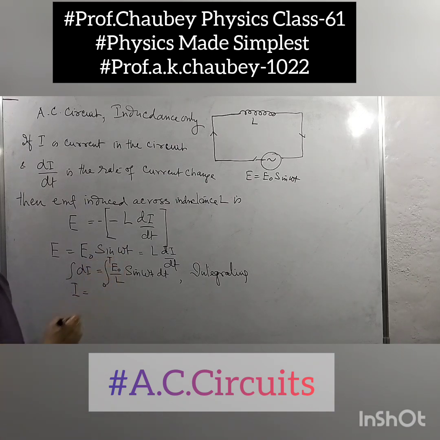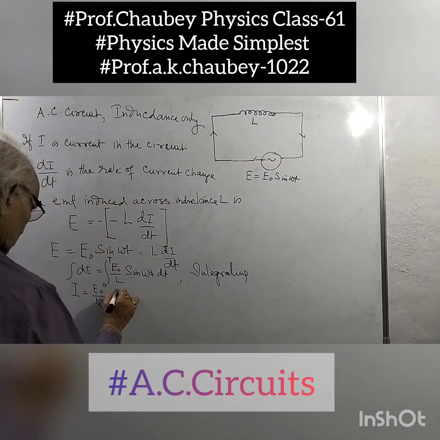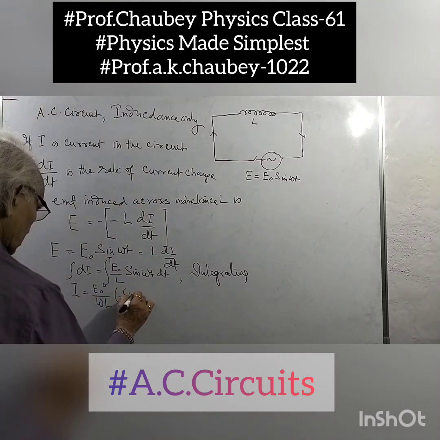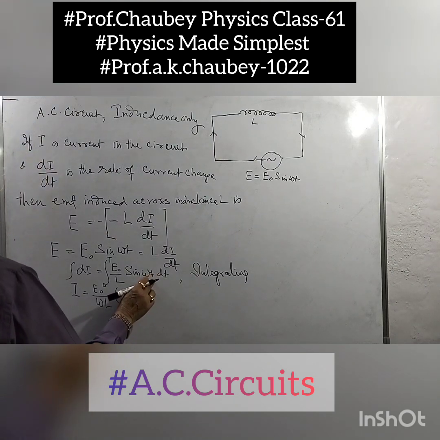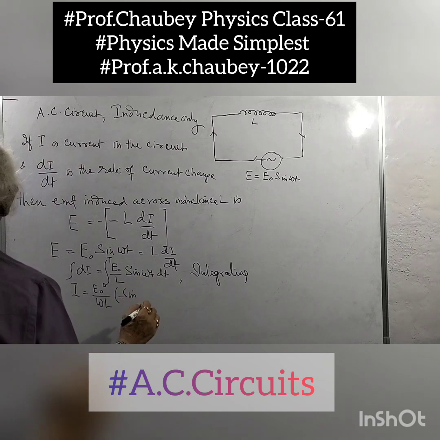So I is equal to E naught over omega L sin of omega t minus pi by 2.